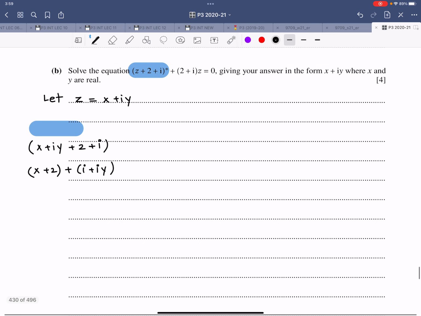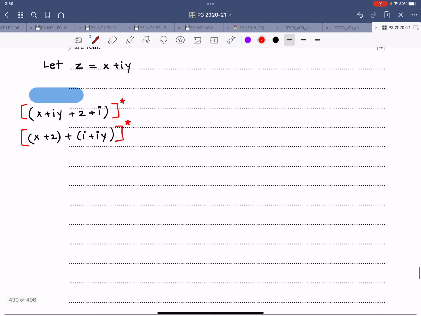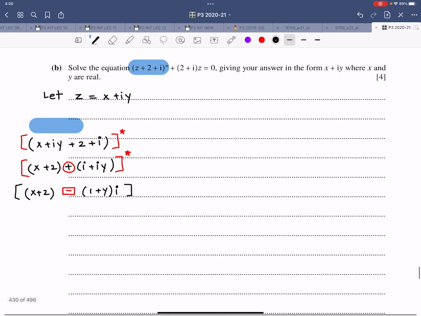This is the first part without the conjugate. Now let me write a conjugate on the outside. What will happen? This plus sign will become a negative sign. So therefore, this is x plus 2 minus 1 plus y, and the coefficient is i. This is what you get on the first part.